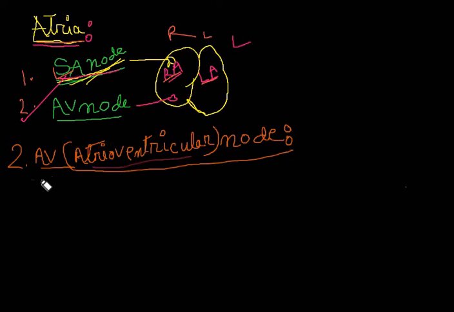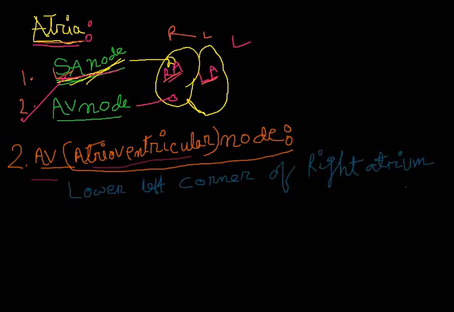And where is AV node present? AV node is present at the lower left corner of right atrium. This is right atrium, this is left atrium.